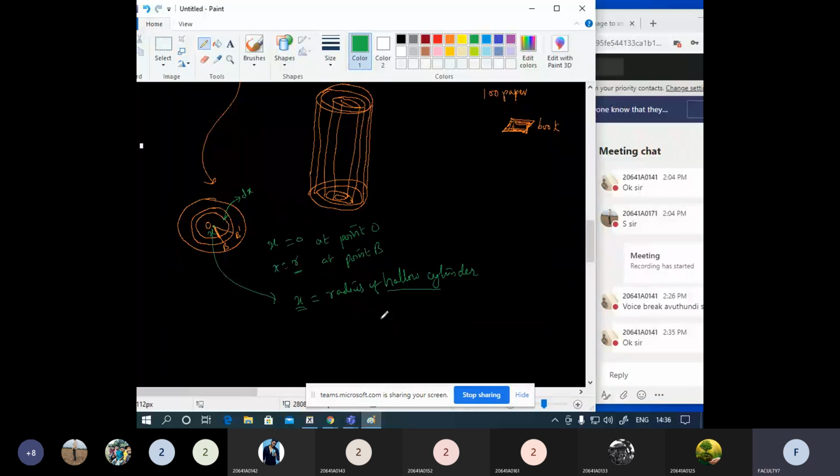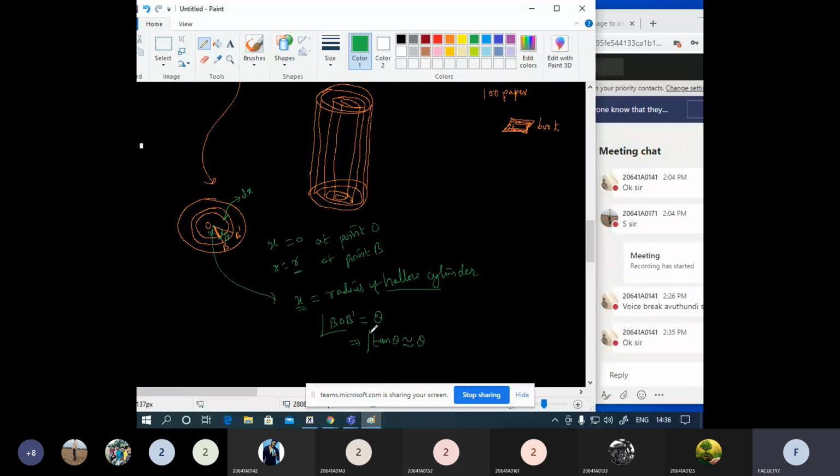Now identify this as angle theta. Angle BOB dash is equal to theta, the angle between these points. Now you draw a triangle, and from that triangle, the concept of tan theta we are going to write directly as theta, if you consider theta as very small.